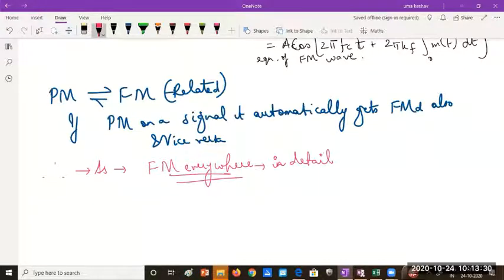That's why we are going to study frequency modulation in detail throughout, and not separate out and study both. Okay. So what I want you to try at home is to draw the waveform and try to find the expression for the FM wave considering a single tone message. Consider a single tone message and try to find the output.